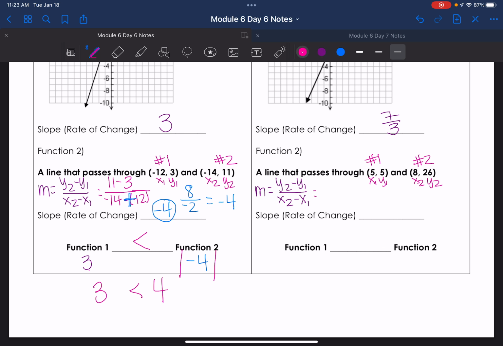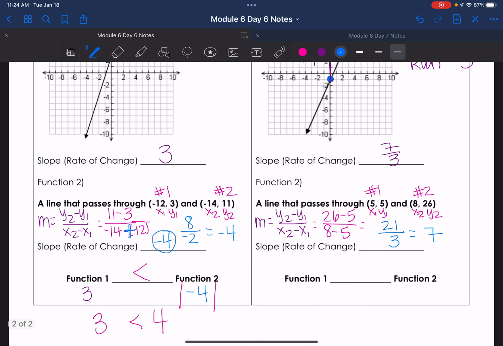So y2 is 26 minus y1, which is 5, over 8 minus 5. Okay, so then I'm going to simplify that, and 26 minus 5 is 21 over 8 minus 5, which is 3. So then 21 divided by 3 is 7. So we've got 7/3 versus 7.